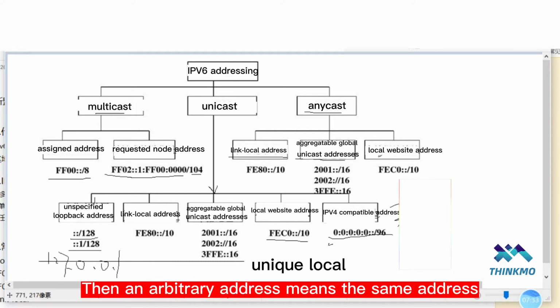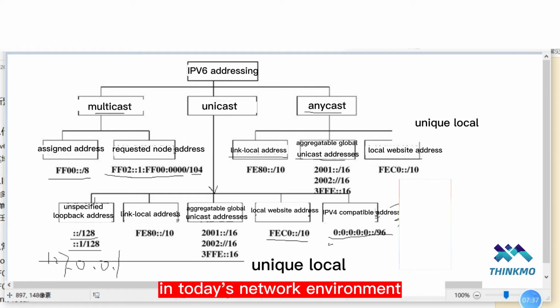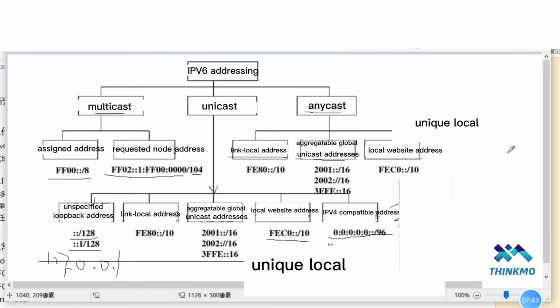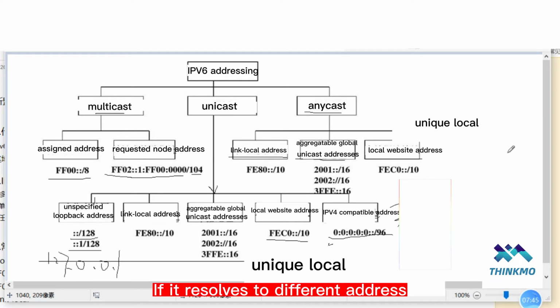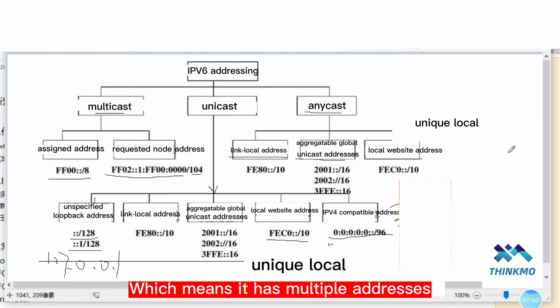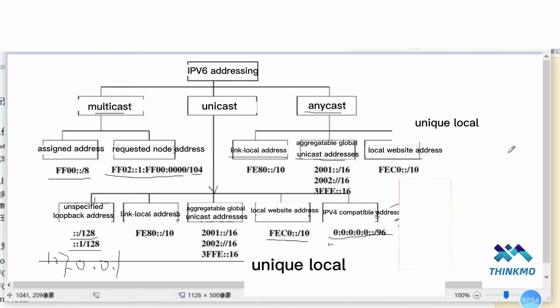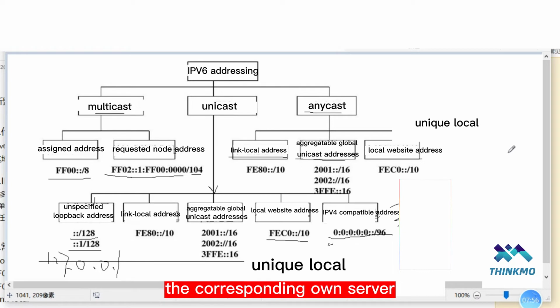In today's network environment, for example, visit Baidu. If it resolves to a different address in a different location, it means it has multiple addresses deployed in different areas. The corresponding server is what we call a node.